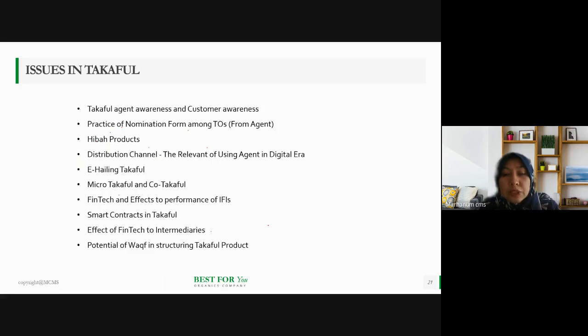The operator separates a wakaf fund and collects from other participants. When it is enough, it will be channeled to the flood victims, or to the Islamic Religious Council for the wakaf fund, to do a wakaf project.